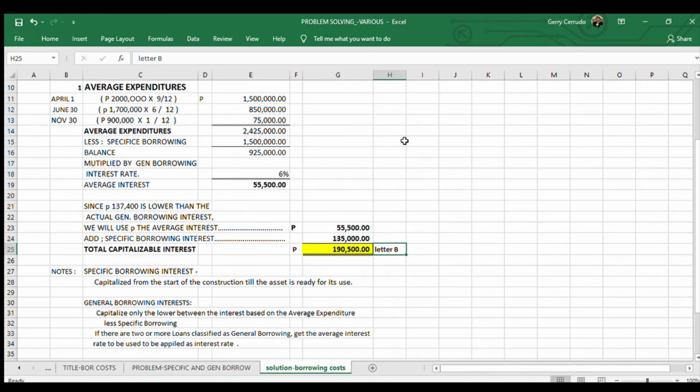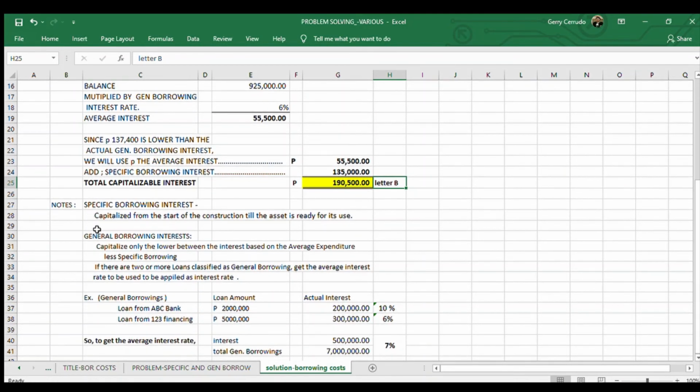So, bibigyan ko kayo ng some pointers. Sabi dito, ang specific borrowing interest daw is capitalized from the start of the construction till the asset is ready for its use. So, whatever na interest na ma-incur nito, actually, no problem about its specific. This is still intended. So, this is really intended for the construction of the building.